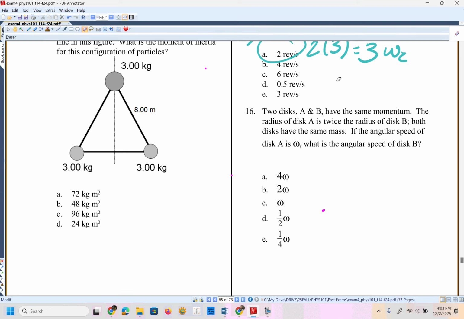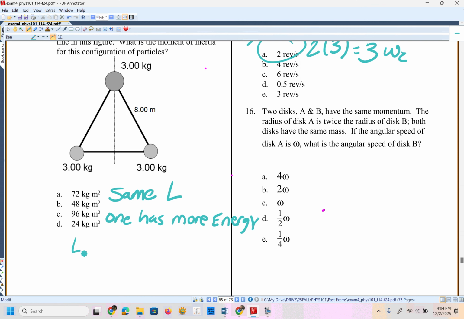Let me write that down. Two objects have the same angular momentum. One has more energy. Which one is going faster? The one with more energy is the one that's going faster.